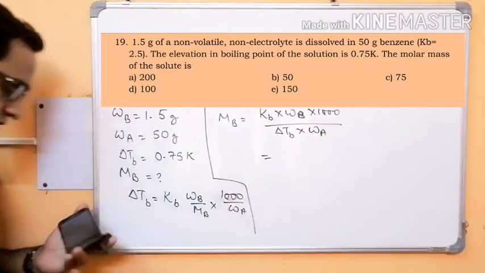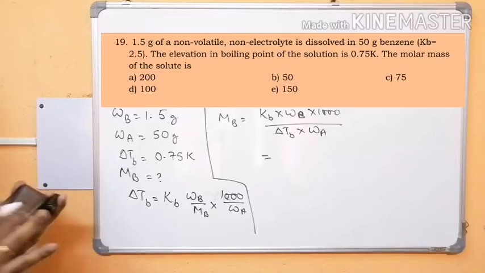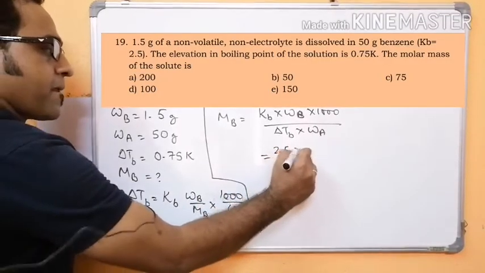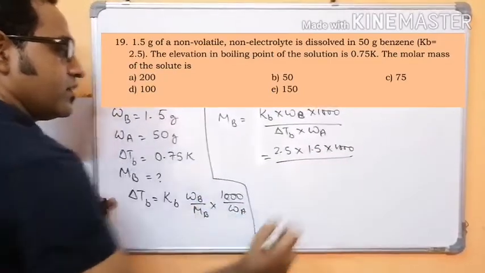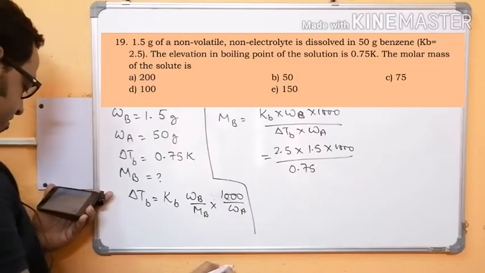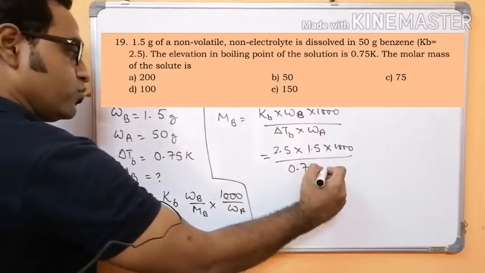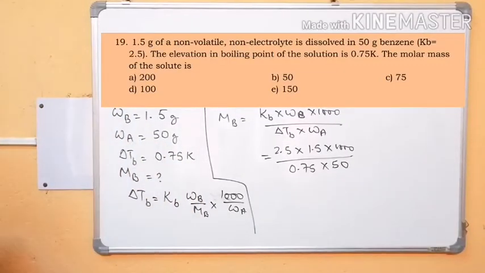So what is the KB value given? KB is 2.5, WB is 1.5, 1000, delta TB is 0.75, and WA is 50. Okay.